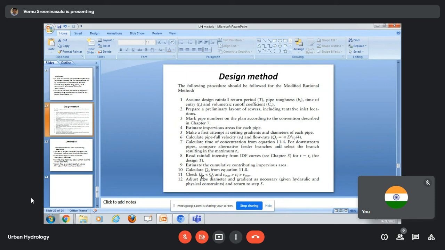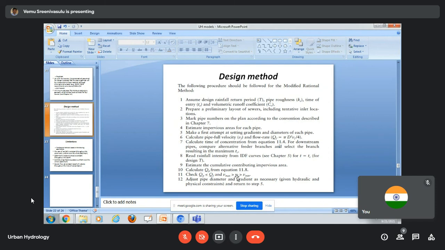Therefore flooding occurs in that catchment area. So therefore you have to redesign. Either you have to increase the longitudinal slope gradient, or you can increase the diameter of the pipe. Okay. So that's the repetition procedure till you get this condition.